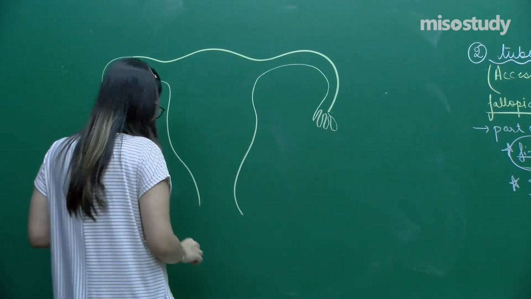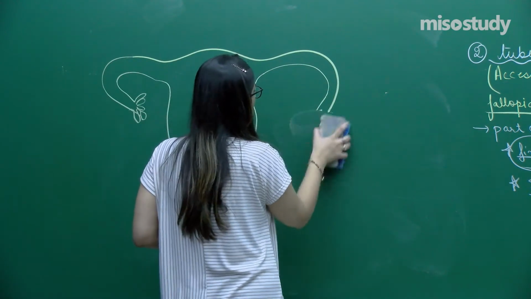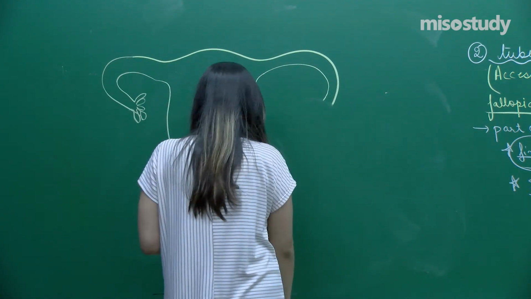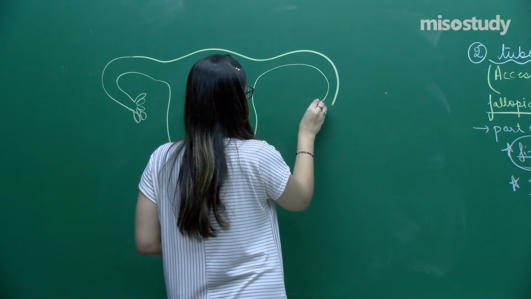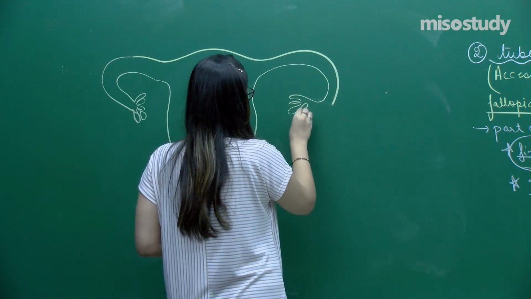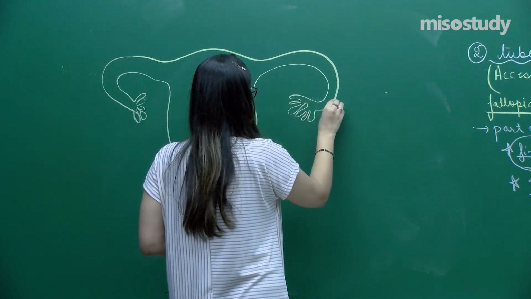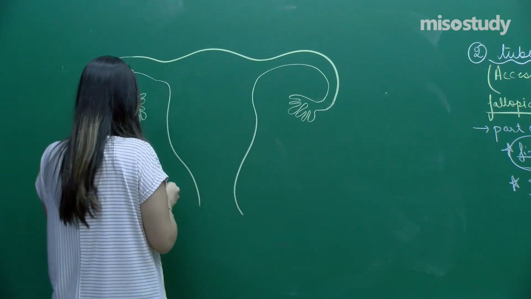On that fimbriae region we can see that ovaries are attached. Here the ovaries, they are attached.